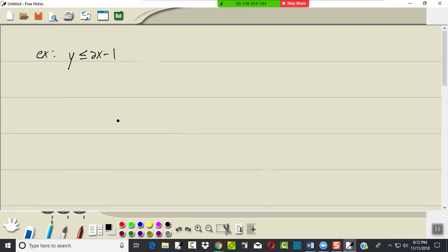Okay, so if I was doing this by hand, what I do first is I pretend that it's an equals. So instead of the inequality, I put an equals there, keeping in mind that a less than or greater than is going to be a dotted or dashed line, and a less than or equal to or greater than or equal to will be a solid line.